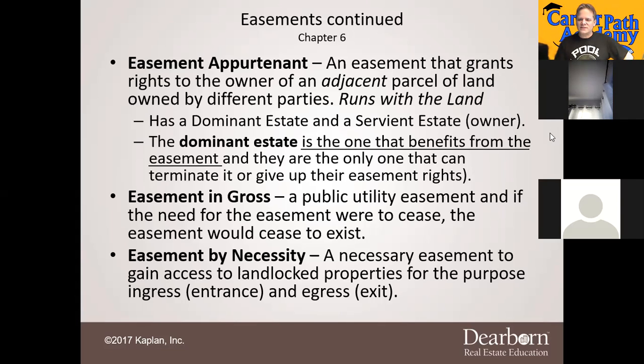So there's always two estates, and they're owned by different parties. One will be the dominant, one will be the servient. The dominant estate is the one that benefits from the easement. Think of them like a bully. This way you could try to remember it a little bit better, right? They're the ones that take your milk money, right? They're the ones that benefit, right? Think of it that way.